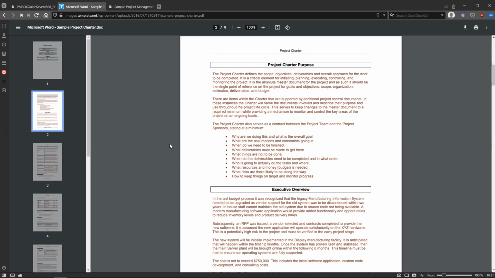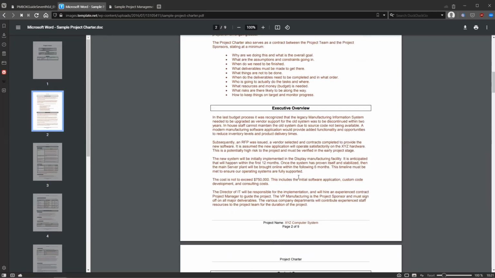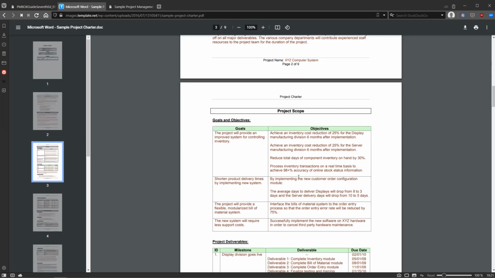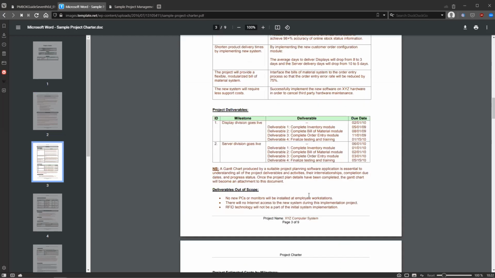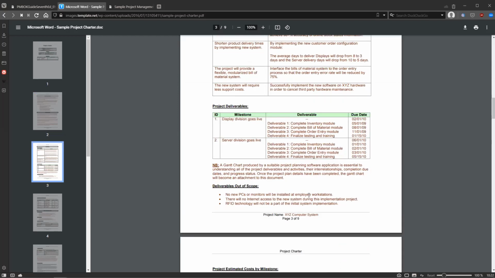Executive overview, basically a very high level, easy to grasp description of the proposed project. Maybe some breakdown of the goals if they are available, like description and objective of the goal. Possible deliverables and milestones, if at least available at this point.